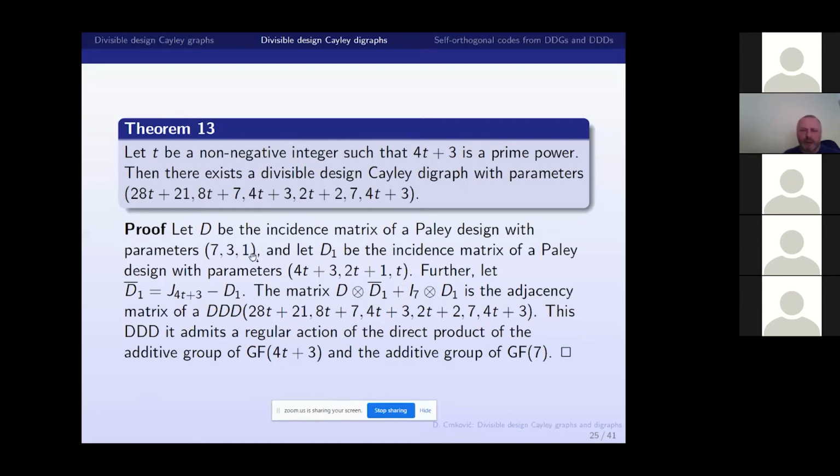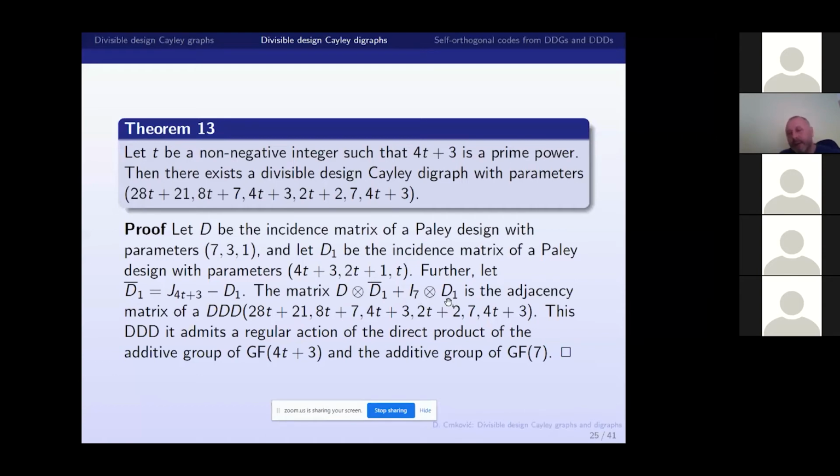And then we use D1 bar, which is the complement of D1, and we take the Kronecker product of D and D1 bar, and the Kronecker product of the identity matrix of order 7 and D1.